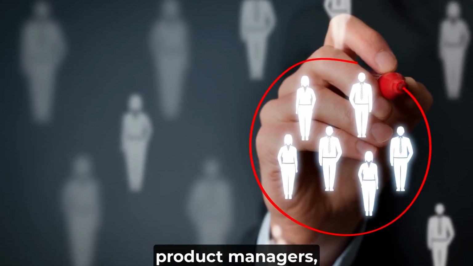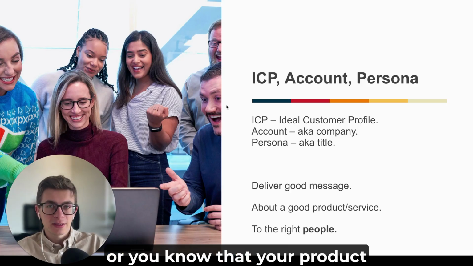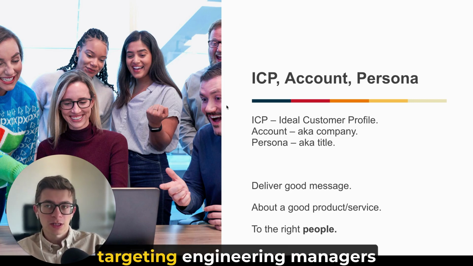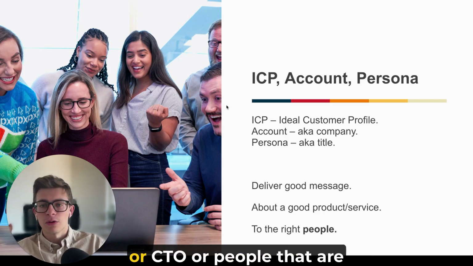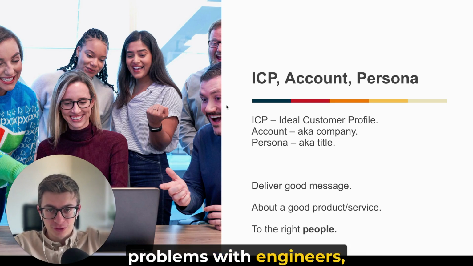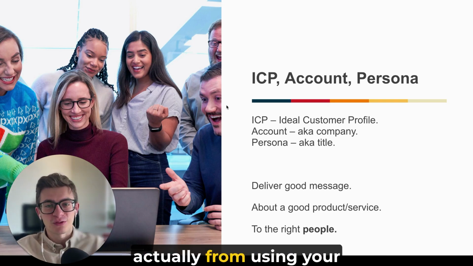Then you go and target product managers. Or you know that your product solves the problems for engineers, so you start targeting engineering managers or CTOs, people that are managing engineers, that are having problems with engineers, the ones who would actually benefit from using your product.